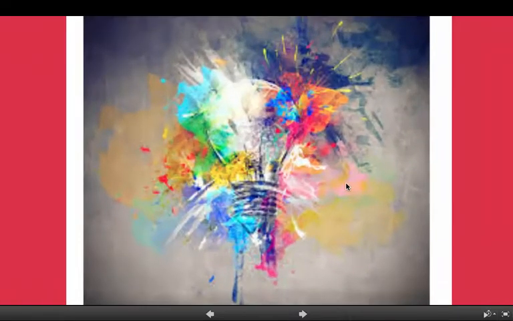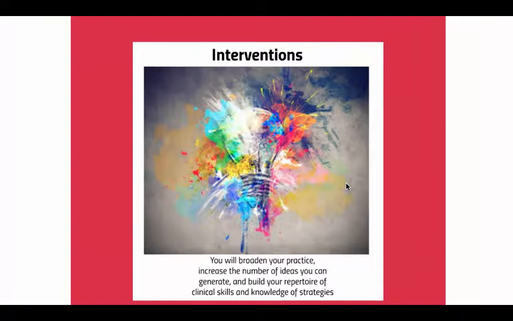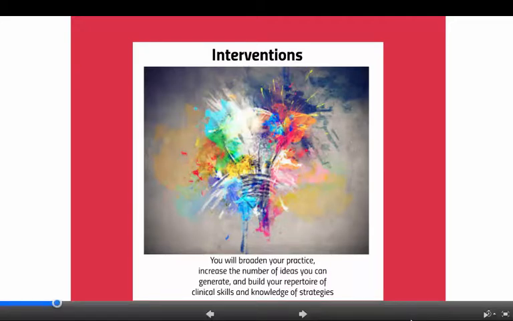What I'm hoping to do at this point for you as a registered behavior technician candidate, you will, throughout your career, build your own repertoire of skills. You will learn how to use various assessment strategies and assessment techniques. You'll learn how to use FBAs, for example.